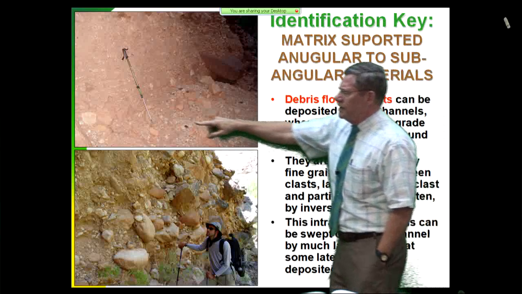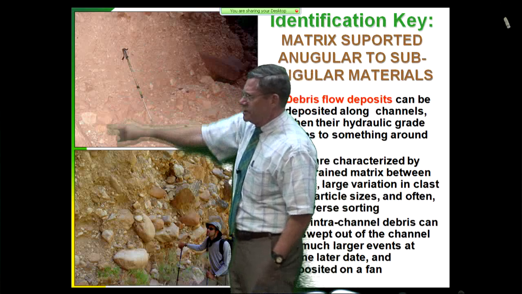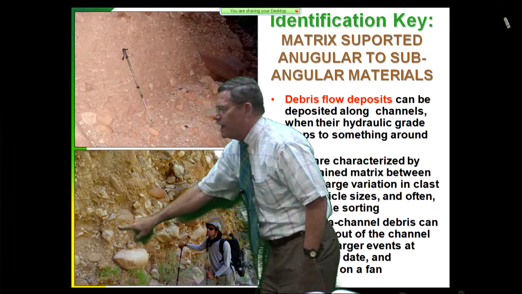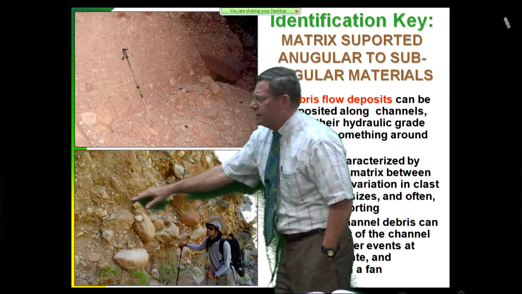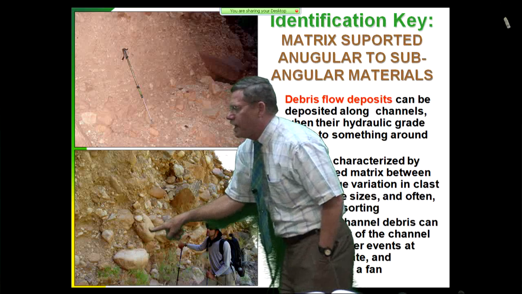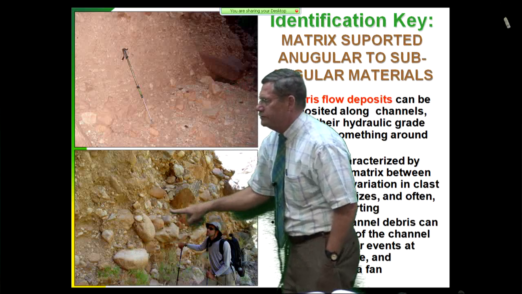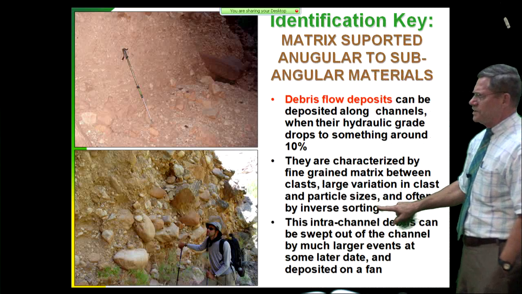How do you know? Because it's matrix supported. If you look at it, it's in a matrix and it's very subangular blocks, just jumbled together without any nice stratigraphy, and you look at a fine-grained matrix support. You don't have block-to-block support, block-to-block contact. And often you see inverse sorting.